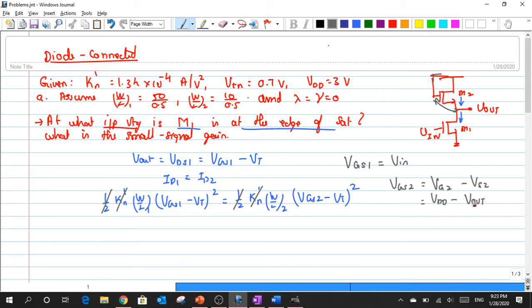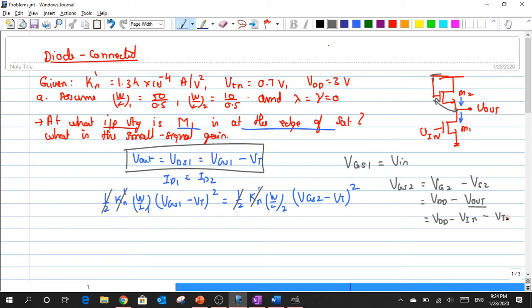Now one thing we have to remember is that this Vout could be related back to our input voltage Vin through this expression, right? So based on that, I could write this to be equal to VDD minus VGS1, or Vin, minus Vt.